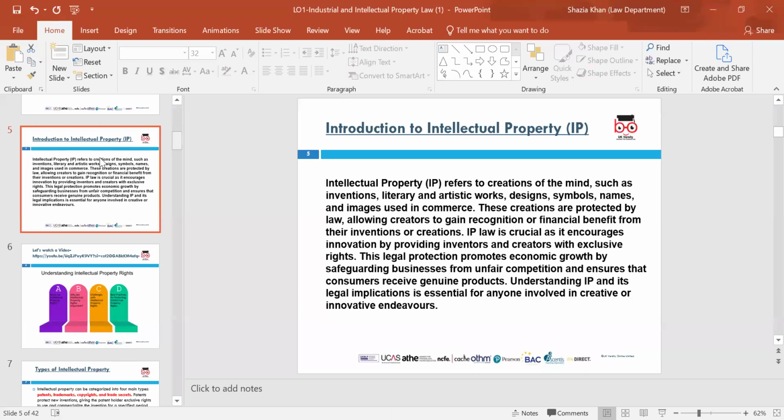In the UK, we have the Intellectual Property Office, IPO, which is a government body responsible for intellectual property rights. It deals with the main four categories: copyrights, patents, trademarks, and both registered and unregistered designs.